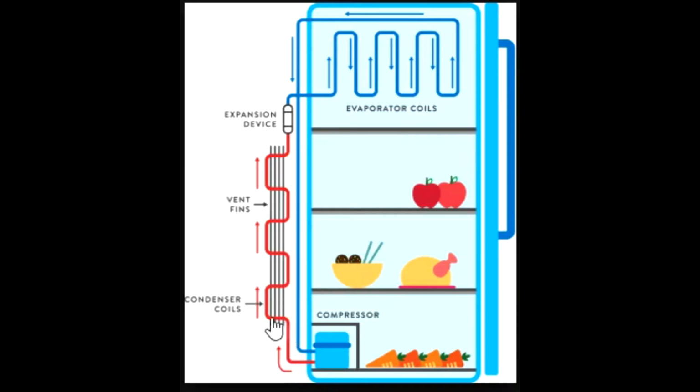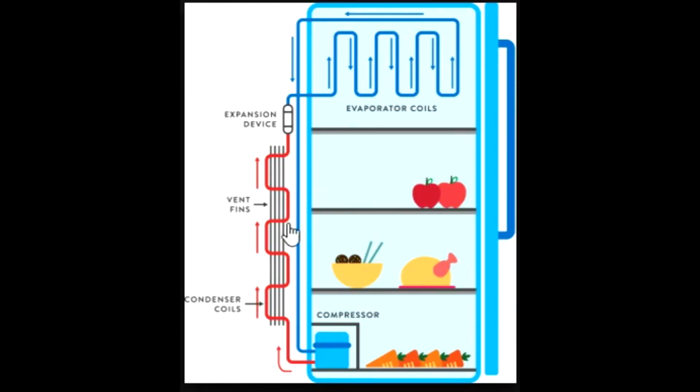This is then pumped outwards down here, and you have these vent fins. Now these vent fins increase the surface area, so it just spreads it all out, so it's able to release all of the thermal energy to the atmosphere at the back, to the air at the back. And that's why if you put your hand around the back of a fridge, it's actually quite hot.